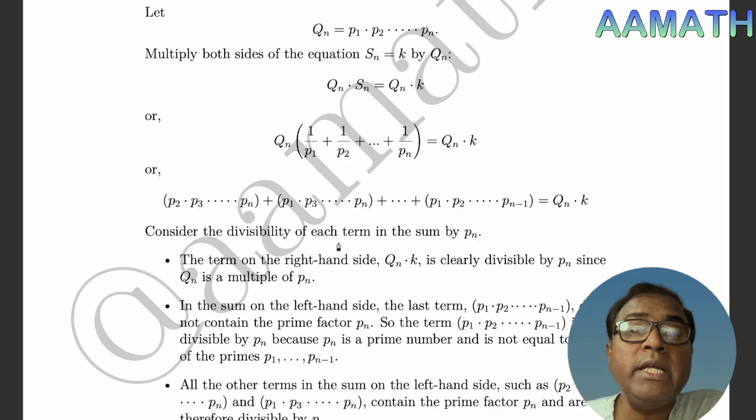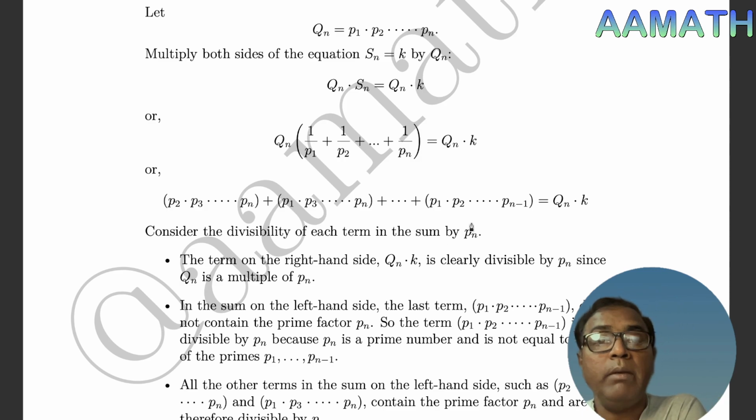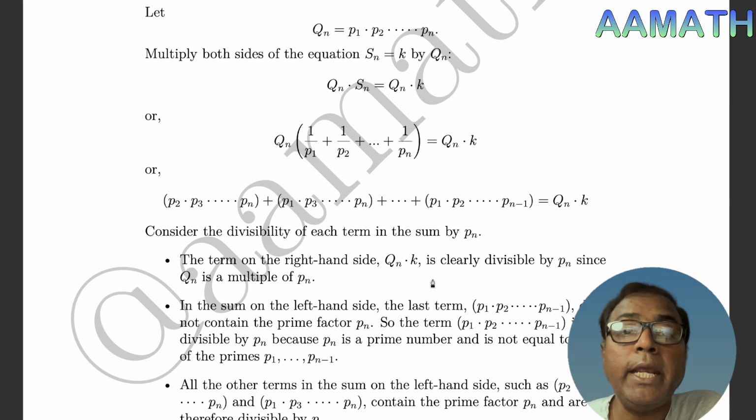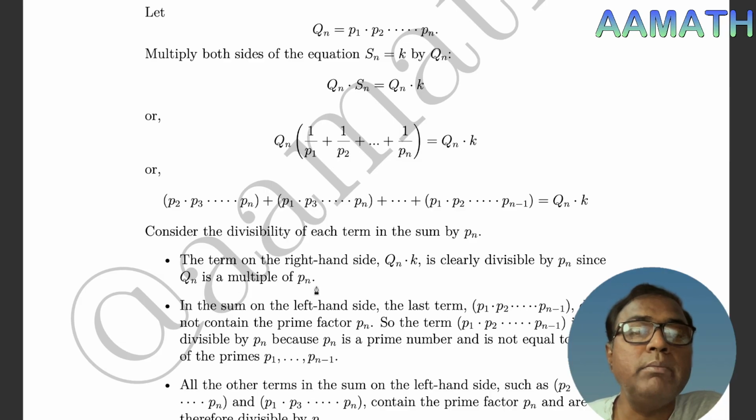Consider the divisibility of each term in the sum by the prime integer Pn. The term on the right hand side, Qn times k, is clearly divisible by Pn because Qn contains the term Pn, a multiple of Pn.